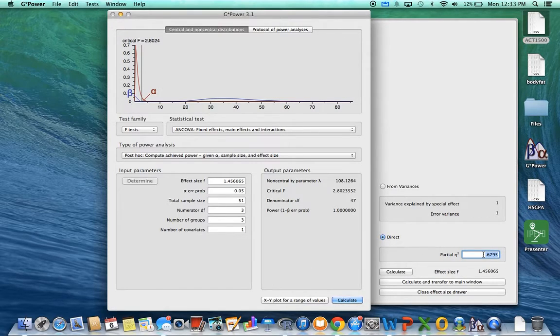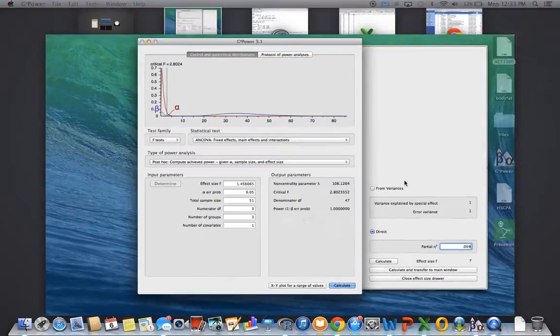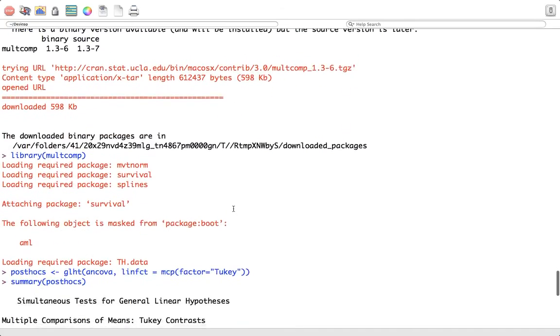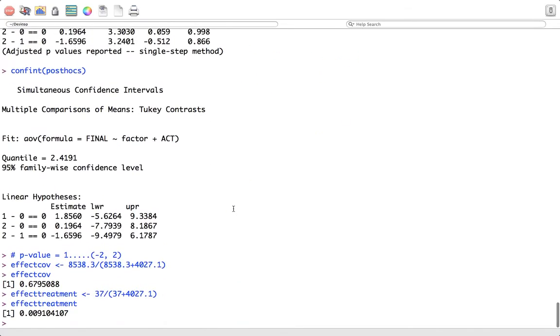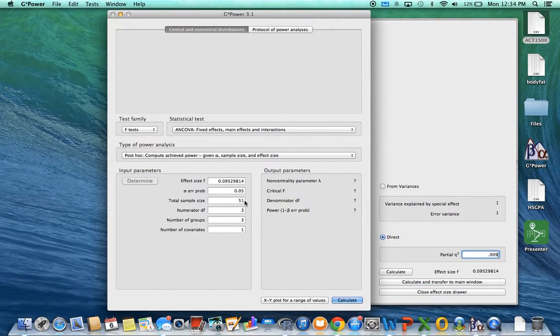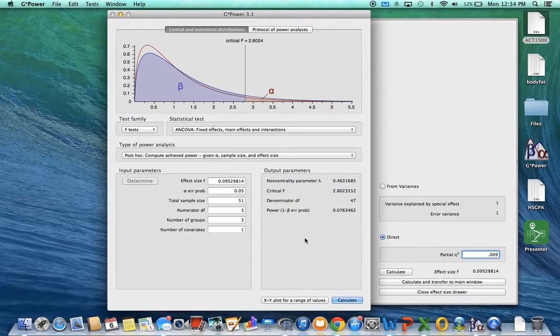I think this was 0.009, if I remember correctly. And let's calculate. And very low power.